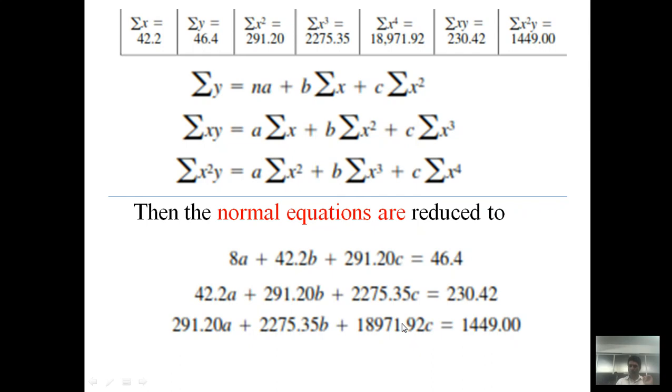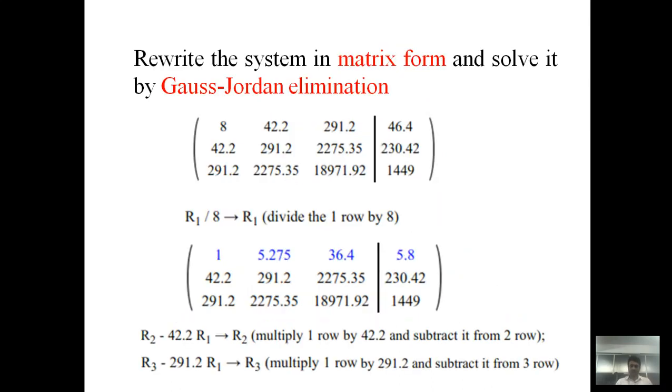So if there are three equations and three unknowns, we get a unique solution. You may apply any other method as per your convenience. Here we use the Gauss-Jordan elimination method.